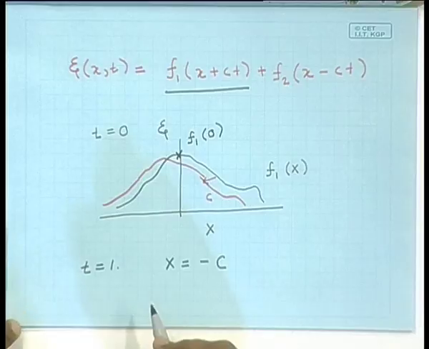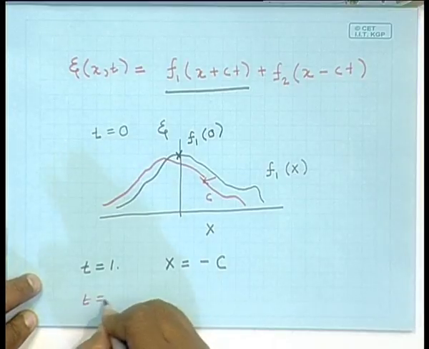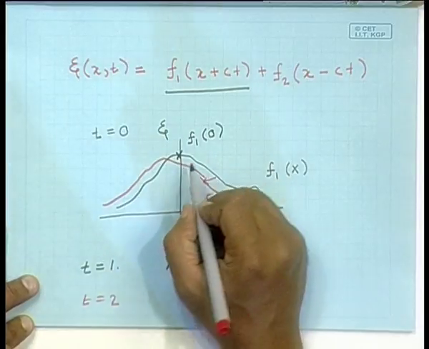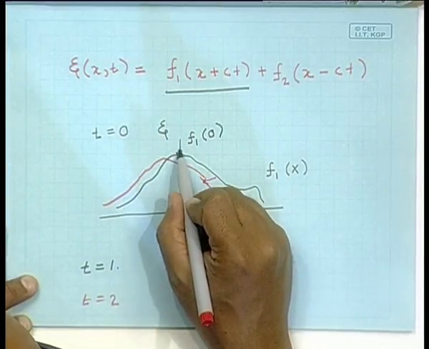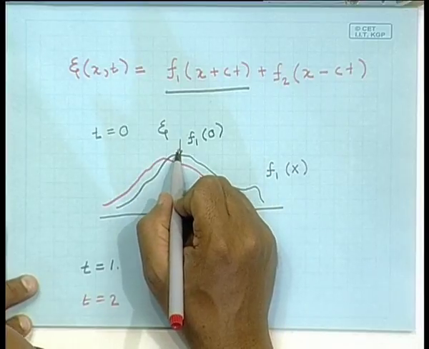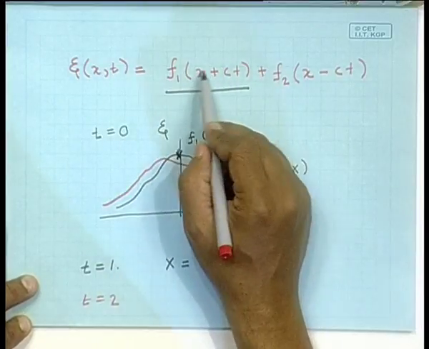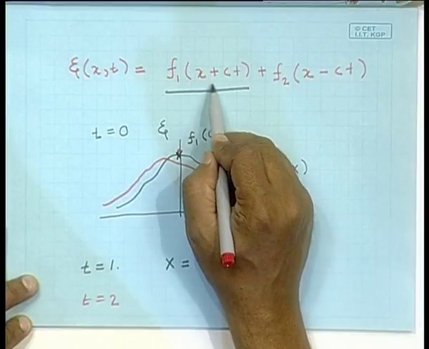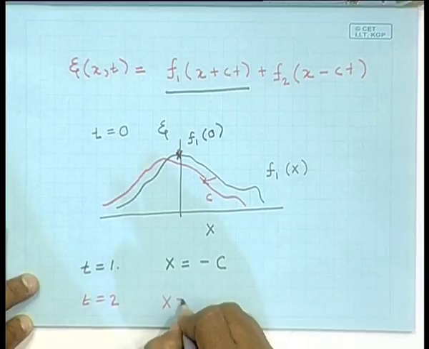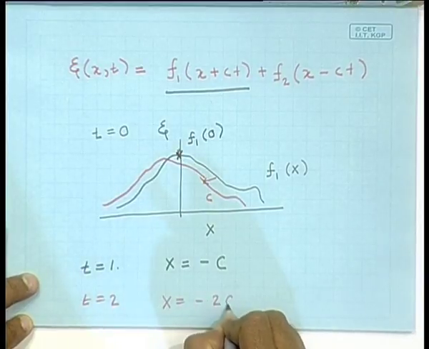At t equal to 2, if you ask the question, where is the value of xi the same as it was at this point at t equal to 0, you want to make the argument of this function 0 at the instant t equal to 2. So, this is going to happen at x is equal to minus 2c.